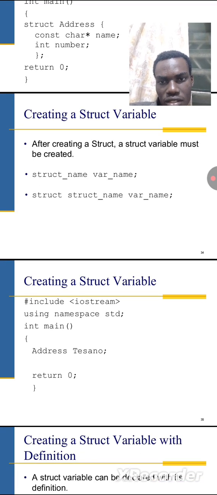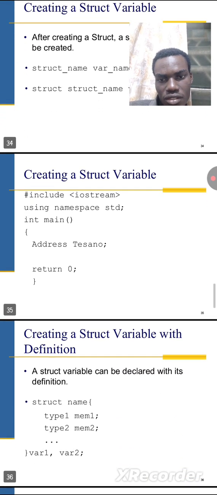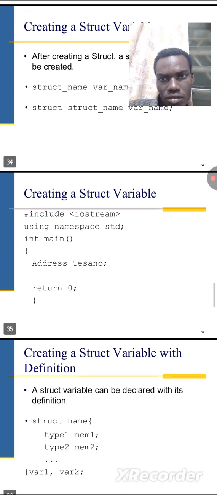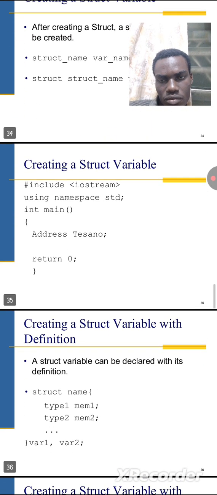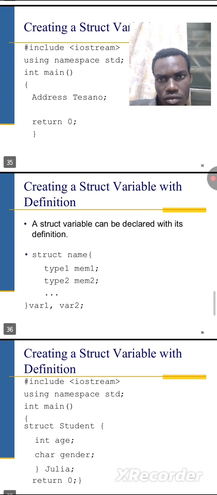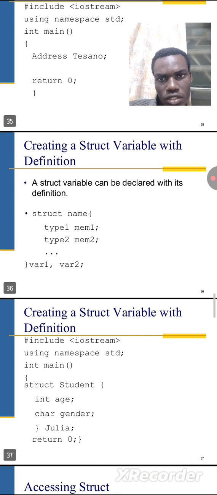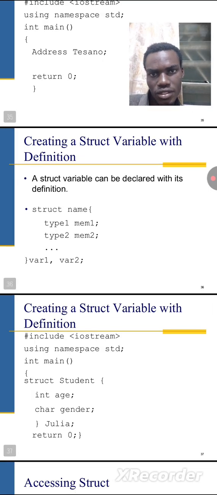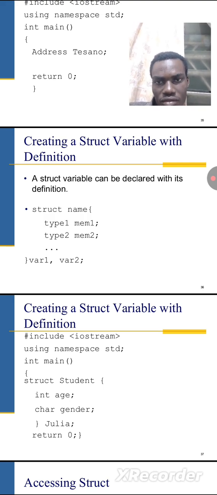So you can see, creating a struct variable with definitions. So we have struct, name, and then the type, and then you have the members.